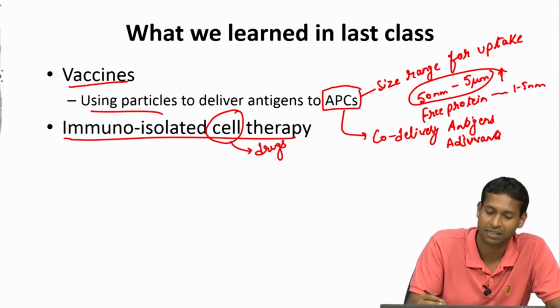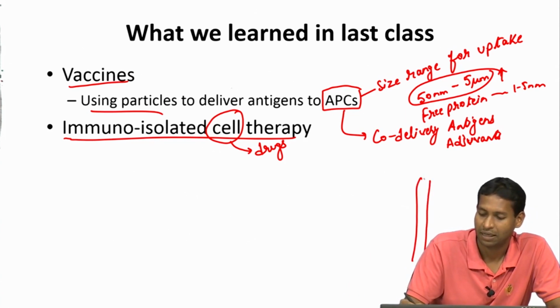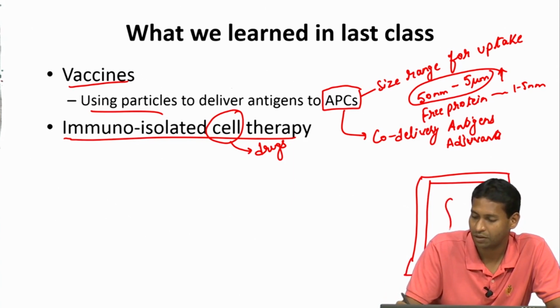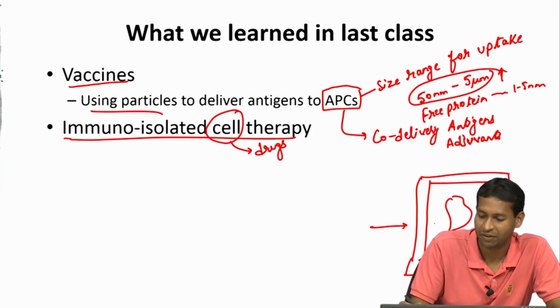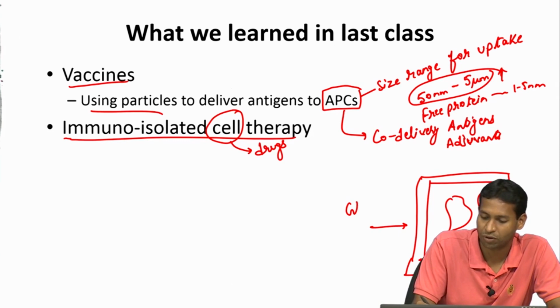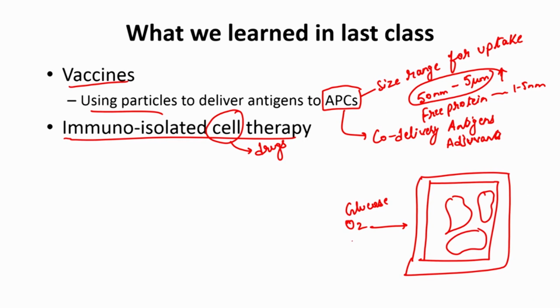So, we said that we can encapsulate the cells in some kind of semi permeable membrane. Your cells can reside in this chamber, whose pores are small enough to allow glucose, oxygen, and your other nutrients to go in, but do not allow antibodies and cells to go in.